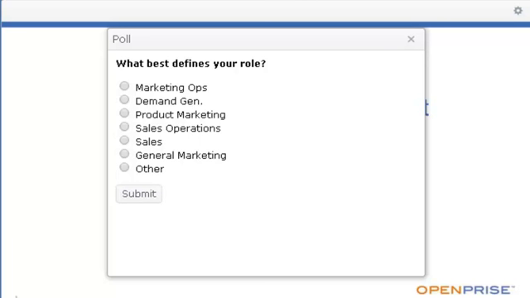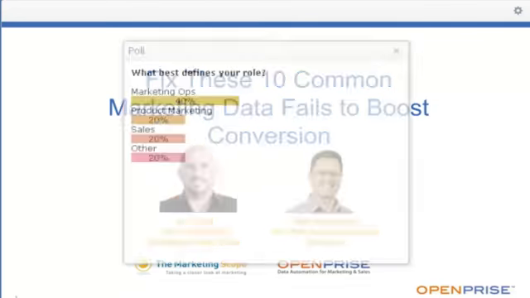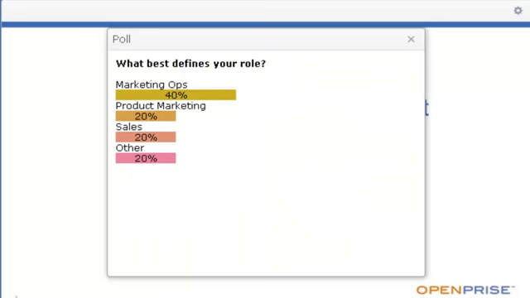That's great. Oh, really? We have some salespeople in here. That's great. That way we can maybe address some of the content to address some of the salespeople in the room. Absolutely. Okay, great. I'm going to show the results so everyone can see it. And, of course, Alan, you can see the results as well, correct?